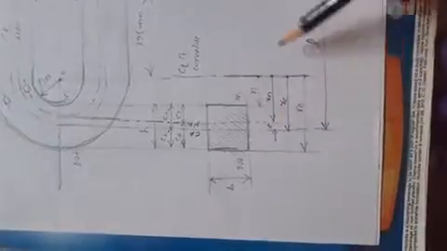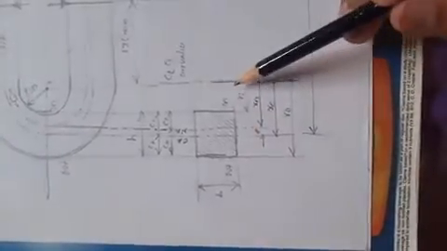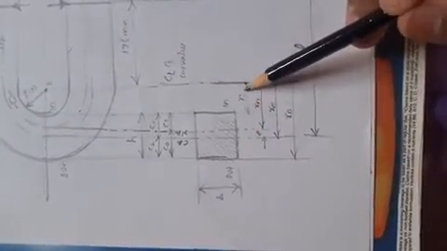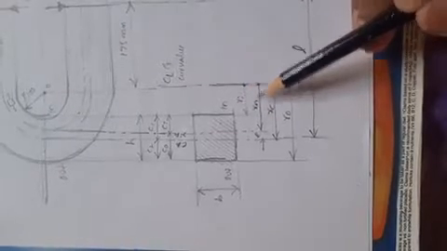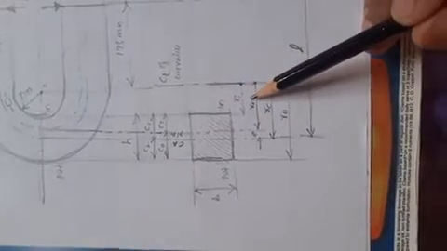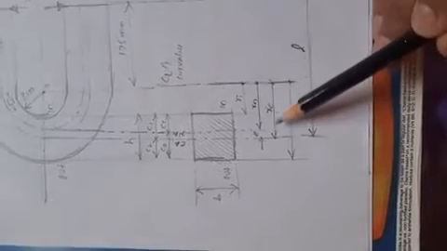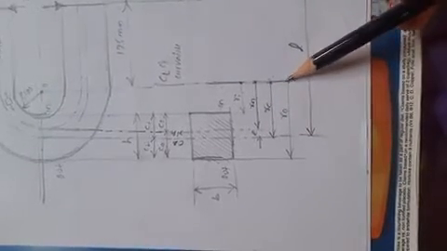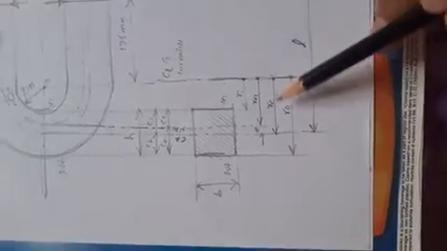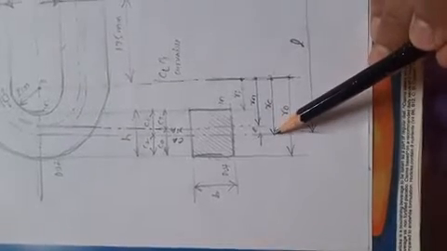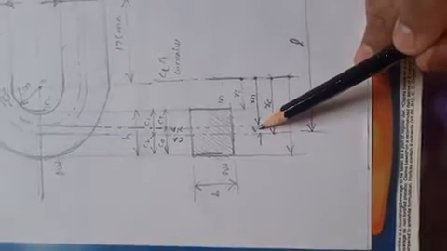Then write all the nomenclature from the center of curvature: RA, the radius of the inner fiber, the radius of the neutral axis, the radius of the central axis, and the radius of the outer fiber. The difference between the radius of the central axis and the neutral axis is the eccentricity.